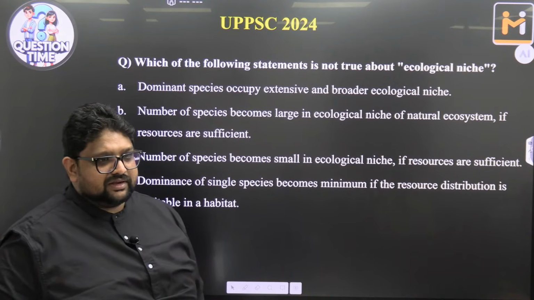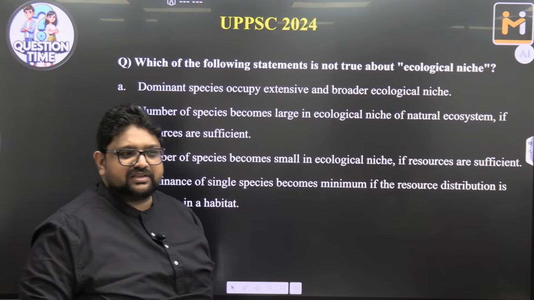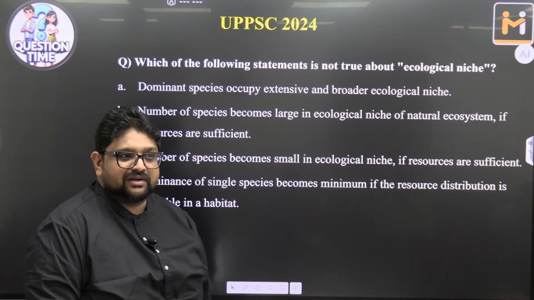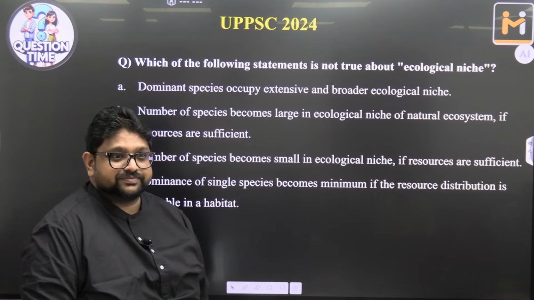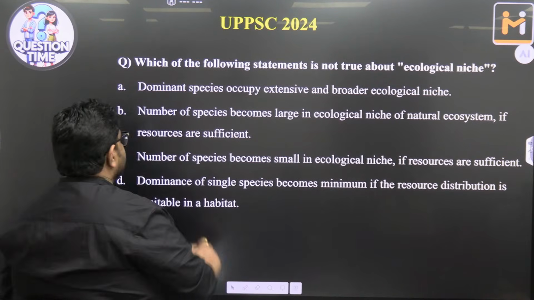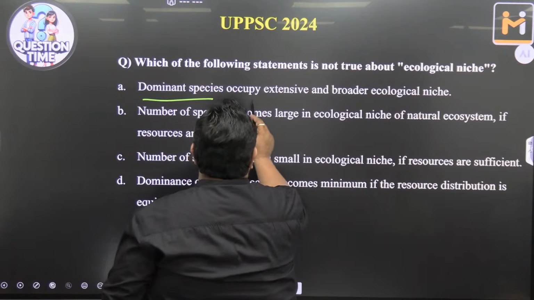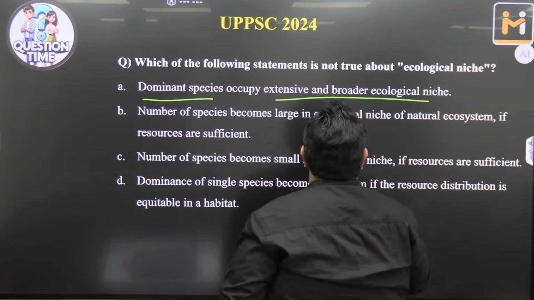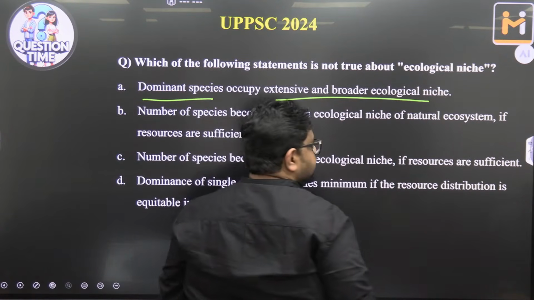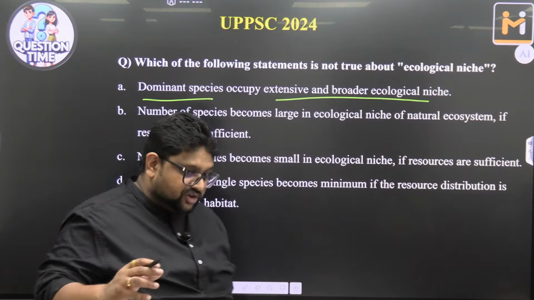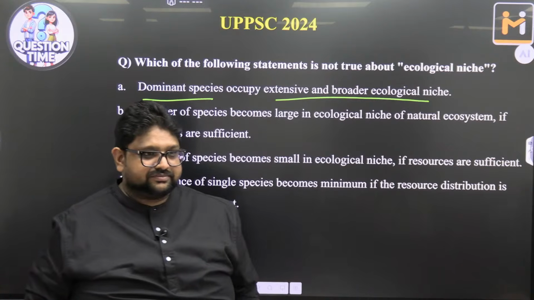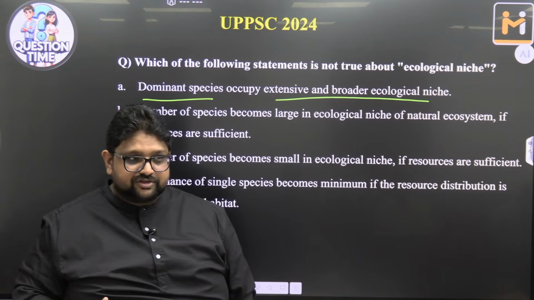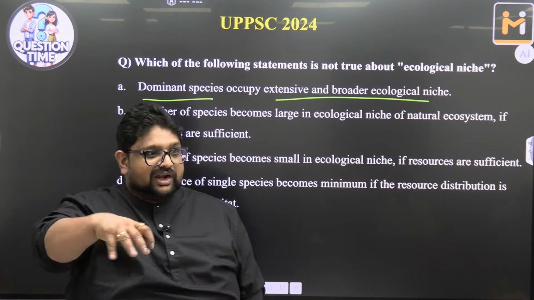What does it mean? In the options, there are 3 statements which are true and there is 1 statement which is wrong. Okay, let's take one by one. Dominant species occupy extensive and broader ecological niche. Is it true? Whichever species is dominant, their niche and their habitat will be larger. They have more resources to consume and they dominate over a larger area.